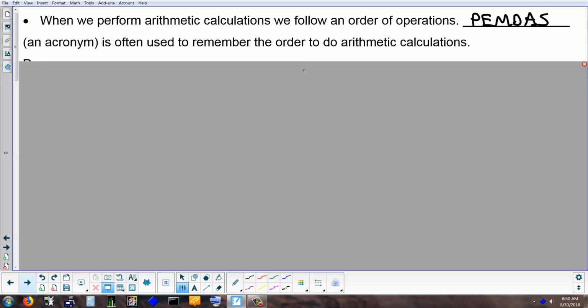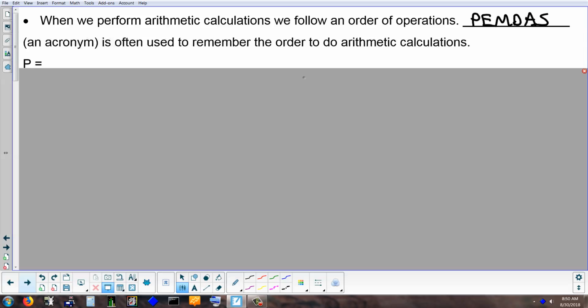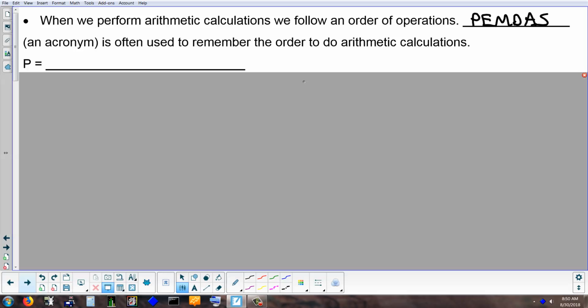All right, so I scroll down here. Again, each letter, like we said with NFL, N stands for national, F stands for football, L stands for league, right? The P in PEMDAS is going to stand for what, Dylan? Parentheses. Correct, good man.